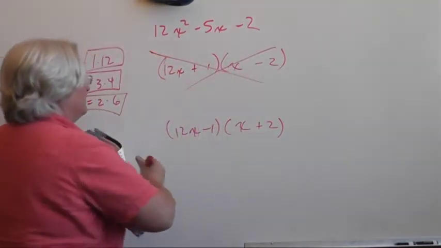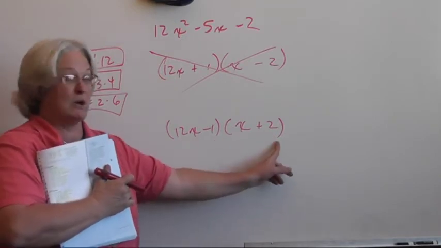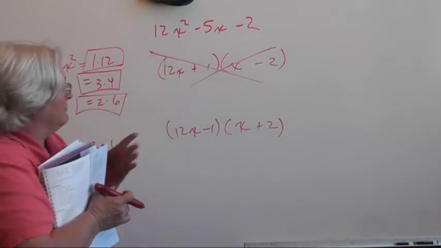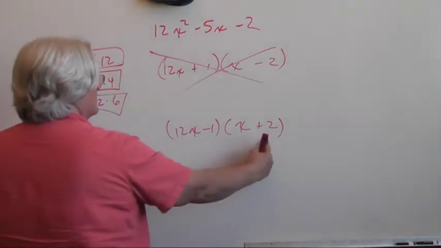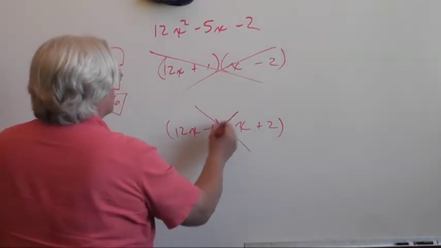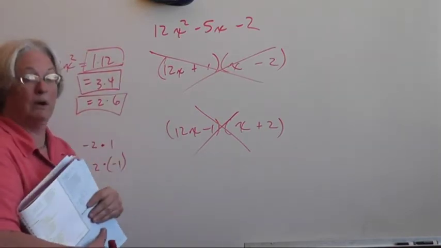So that one's wrong. We're going to get our minus 2. Negative 1 times positive 2 gives us the negative 2. Let's see if we end up with a negative 5. Well, you can tell here already you don't. 12 times 2 is 24, minus 1 is 23. So neither of these attempts here with the factorization of 1 and 12 work.